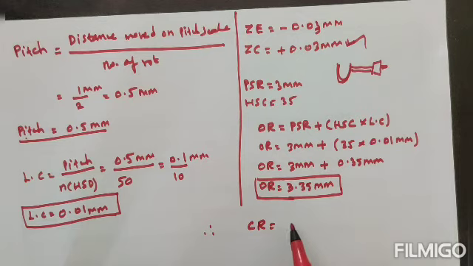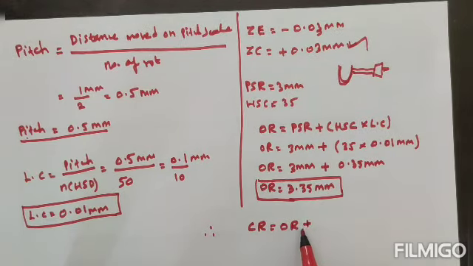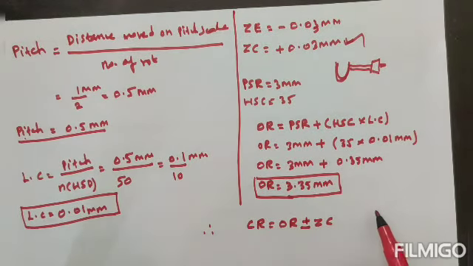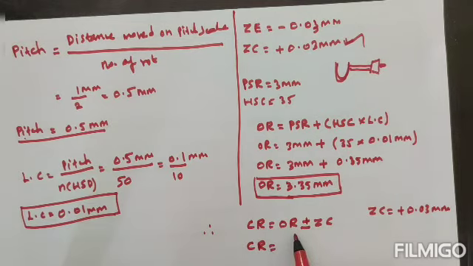The correct reading formula: correct reading equals observed reading plus or minus zero correction. In our case, the zero correction is plus 0.03 millimeter, so this value only I am going to take.